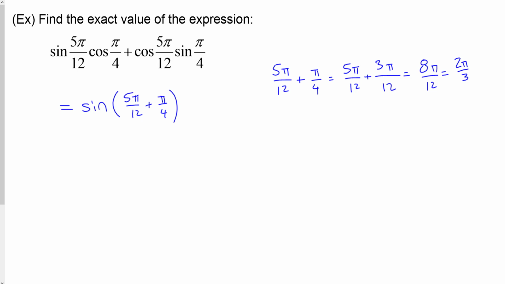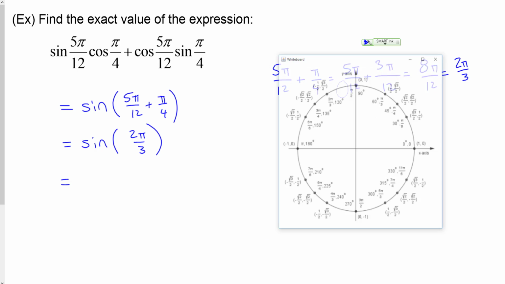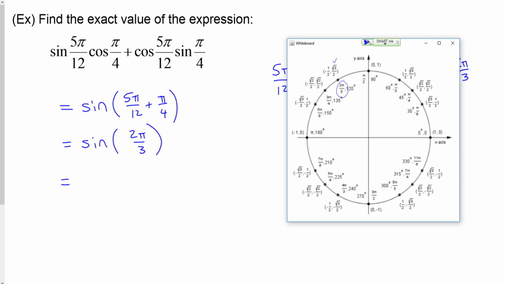And we just showed that these add up to 2 pi over 3. So essentially all we want to know then is what is the sine of 2 pi over 3, and that's going to be the y value of our unit circle. So root 3 over 2.